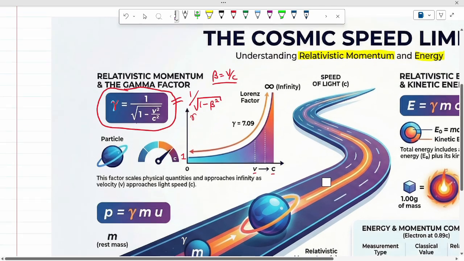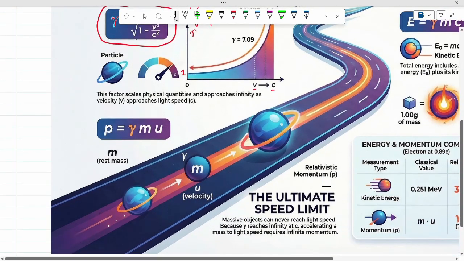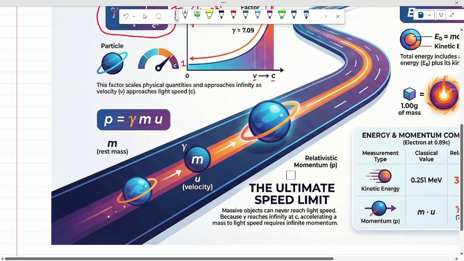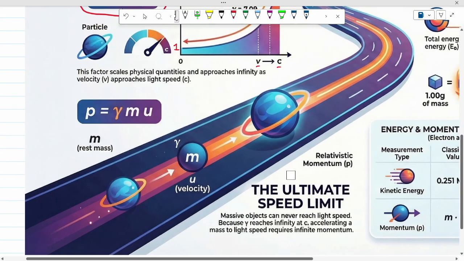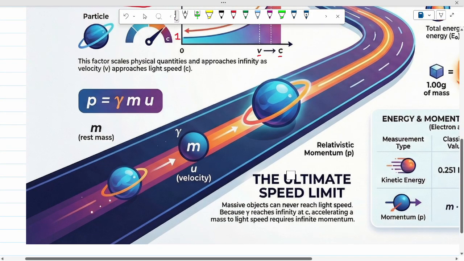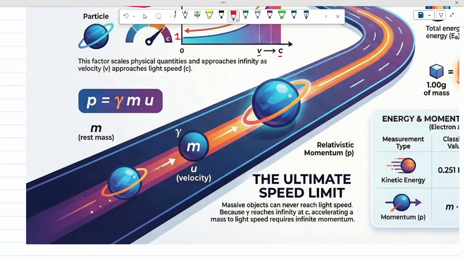So let's start out with the relativistic momentum. This is the question that people first learning about special relativity will naturally ask. You have been told that as an object, let's say of mass m, moves at a speed, I guess we are using letter u for now, it will never exceed the speed of light c.